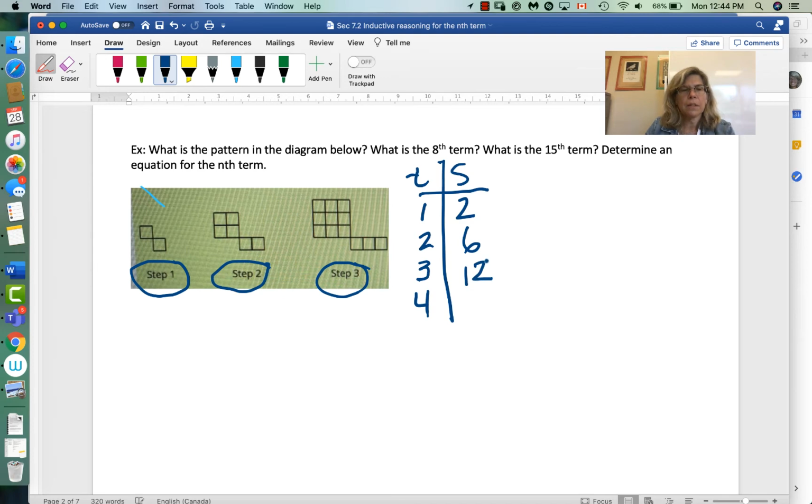So do you see how this is going? From 2 to 6, it's plus 4. And 6 to 12 is plus 6. So the next one would probably be plus 8. So that's 20. And then 5 would be 30, because it would be plus 10.